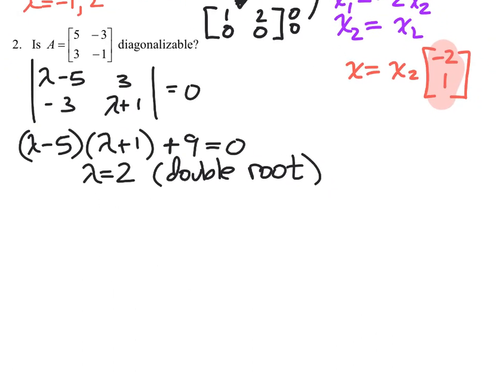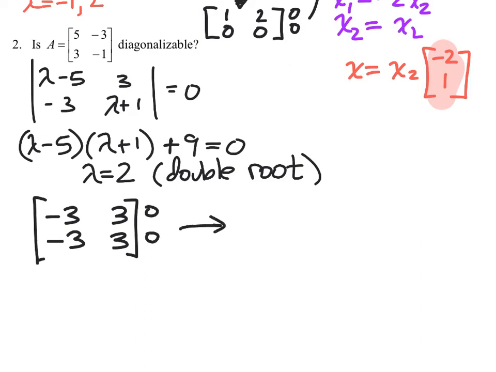And so we're only going to get a single eigenvector out of this. So, you know, I might as well just show you. Alright, so we'd be looking at negative 3, 3, negative 3, 3. Alright, you can cancel out the bottom row immediately. And then multiply the top row by negative 1/3. Or you could just put it in your calculator, but we know the bottom row is going to cancel out. The top row is going to go to 1, negative 1.